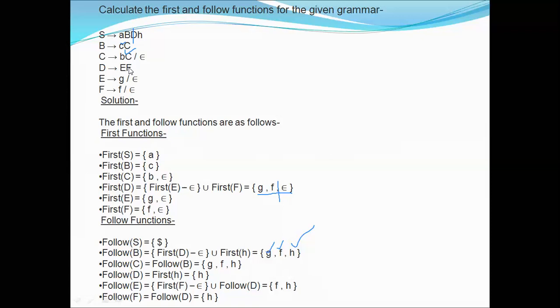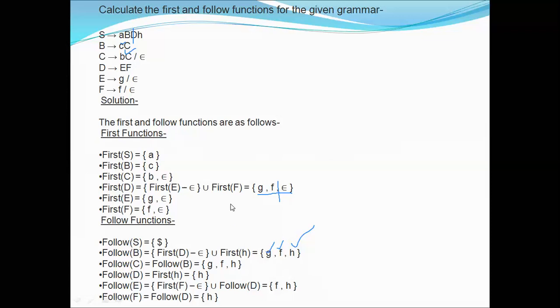E is following F. Include the first of F. First of F is equal to F. Okay, so we included F only here, and F is epsilon also, so substitute the epsilon here. If you substitute epsilon, it is following nothing. So the follow of E is equal to H. So we have included H here.